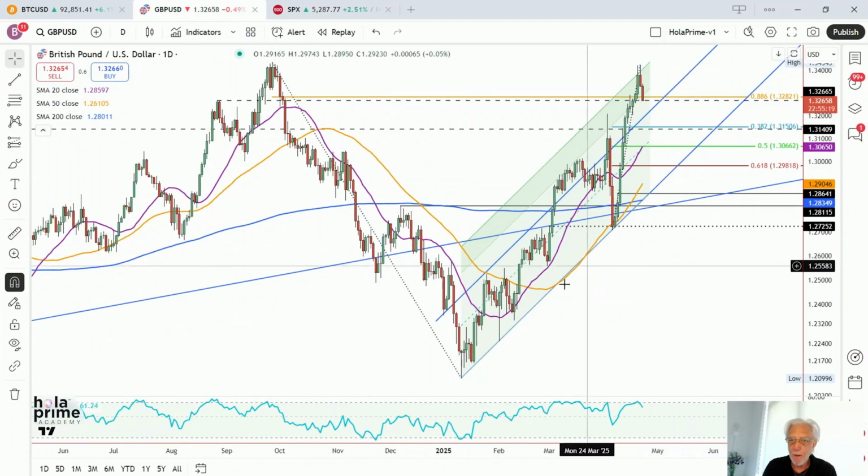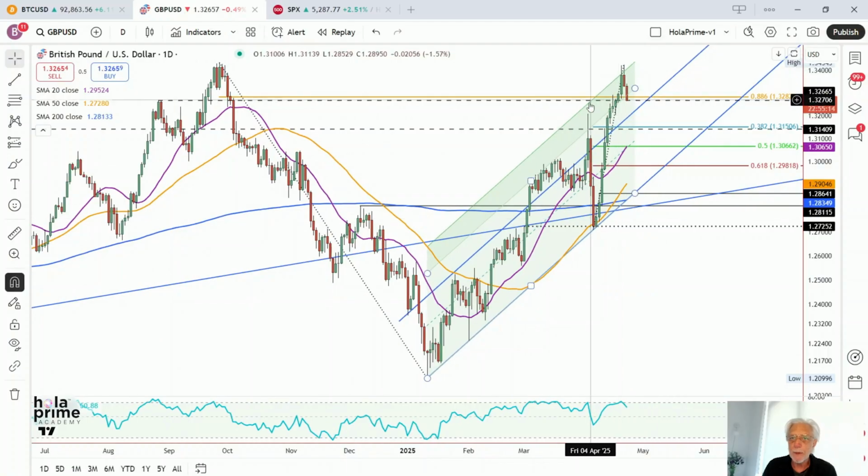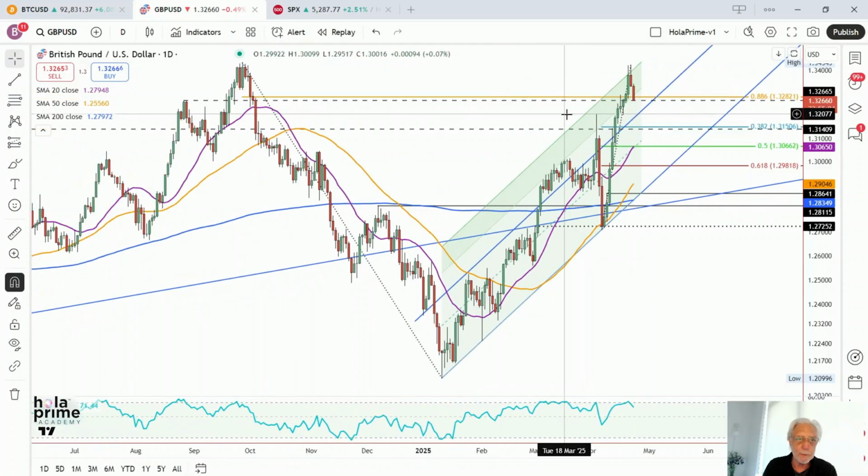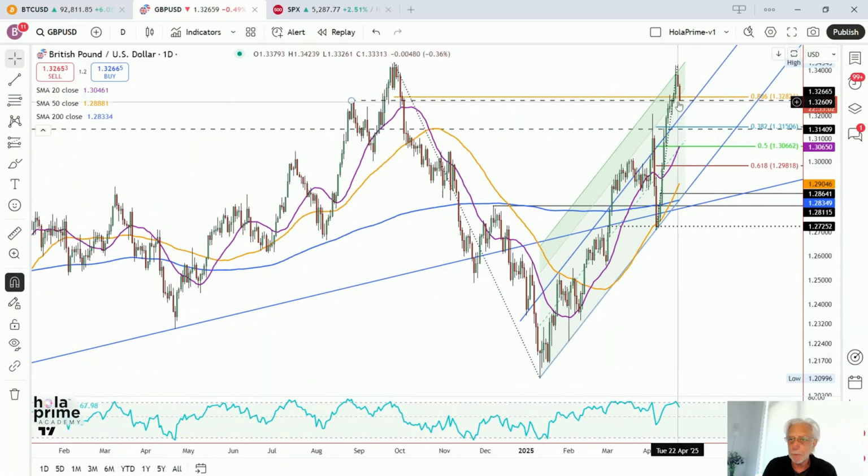The pound dollar has been aggressively rallying, and you see it's been hitting the top of this extended parallel trend channel, and now we have a bearish reversal as a breakdown below yesterday's low triggered, and a test of this previous minor resistance, which becomes support.